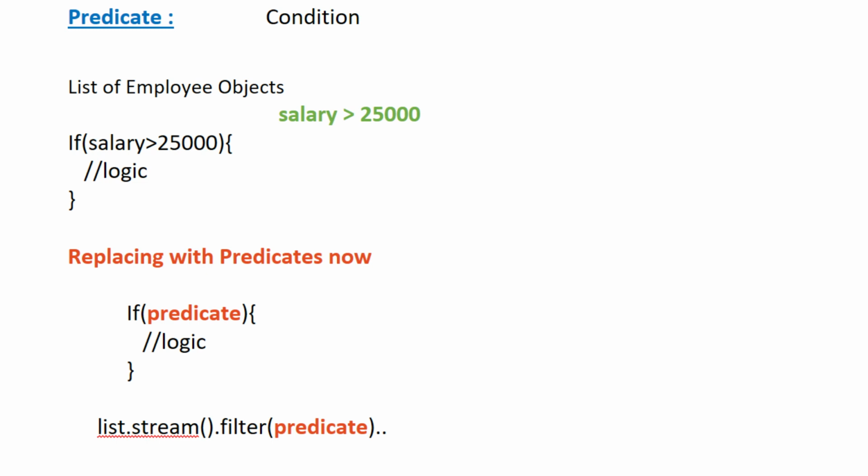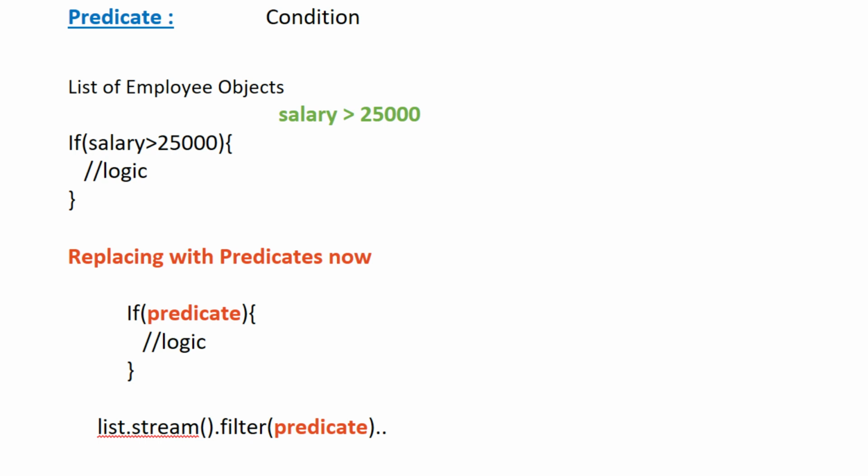But nowadays, as per functional programming, when we are processing the list of employee objects, maybe assume we are processing by using Stream API and I want to filter the objects which have greater than 25,000 salary. In such a case, I process one employee object and validate whether the salary is greater than 25,000 or not.